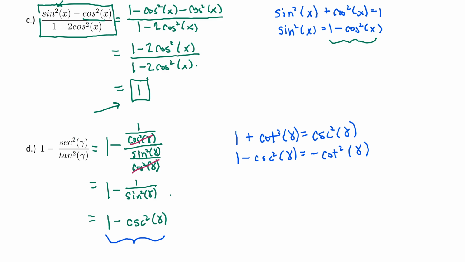Thus, we can replace the 1 minus cosecant squared of gamma in our problem with its equivalent negative cotangent squared of gamma. As a single trig function, it's a little simpler than the two terms from the previous line.